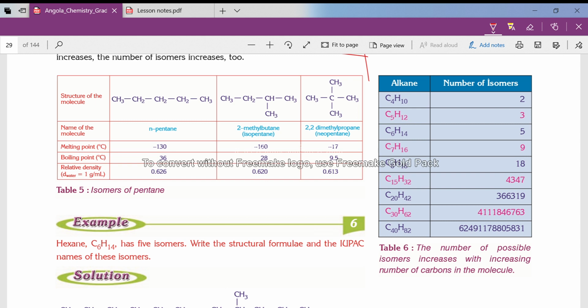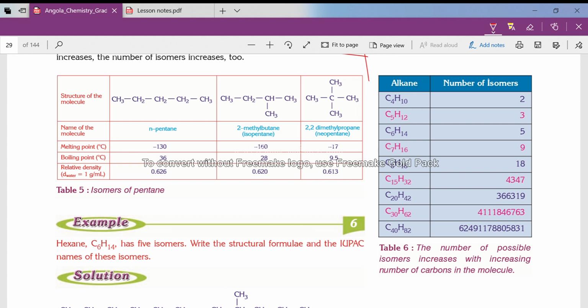You see, C15 could have 4,347 possible isomers. Now look at C20, C30 and C40. It's like an infinite number of isomers. So the more carbons we have, the more possible isomers there are.